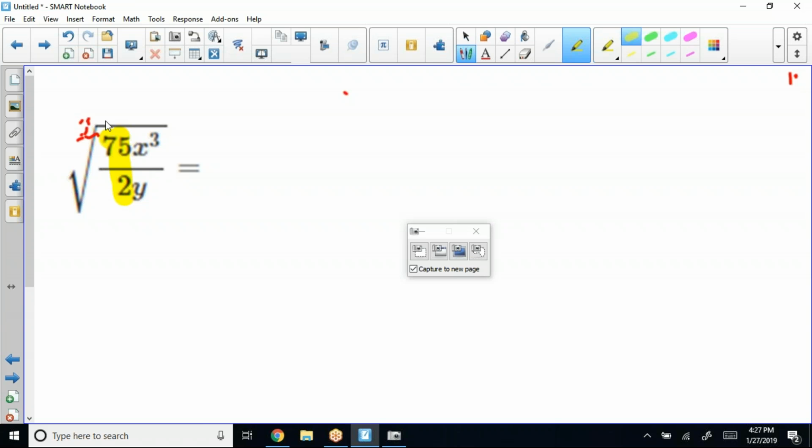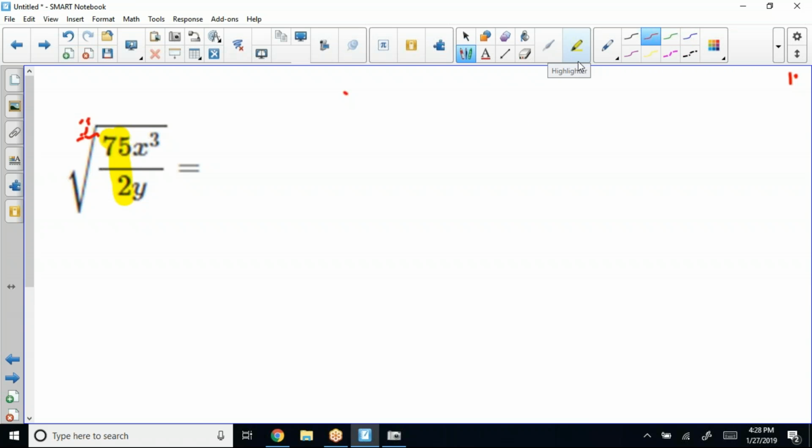Something to check before you get started, because it may simplify and make things a little bit easier. And this is a y to the first, and I can't do anything with properties of exponents there, so that's kind of where I'm left at.